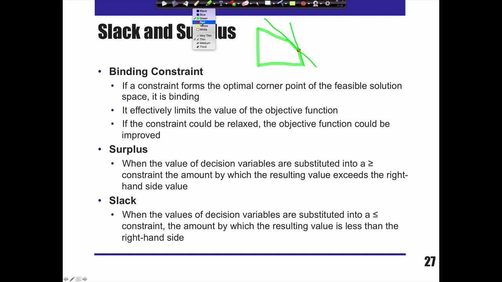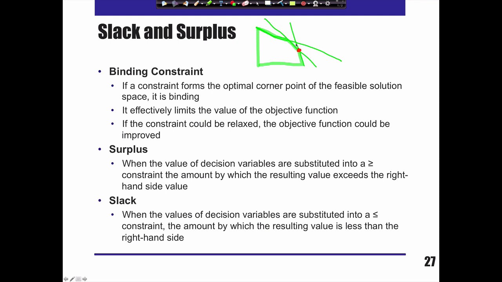Again, this point is on the borderline of this constraint and this one, but not on this one. So this point has some room under this constraint, but this and this are on the borderline, which means you are using all the resources of this line and this line.